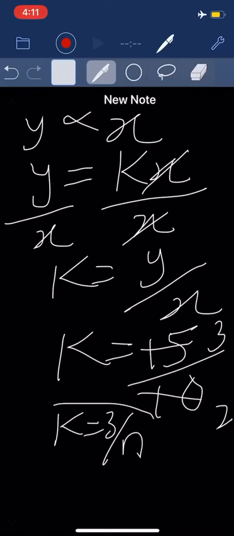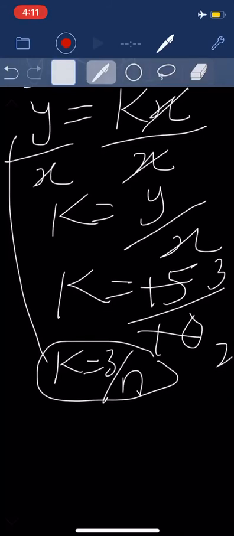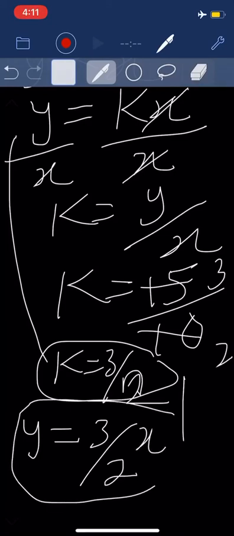Now I put this into this formula. So when I put it into that formula, I have y equal to, instead of me to write k again, I write 3 over 2x. So this is therefore my formula that is connecting y and x.